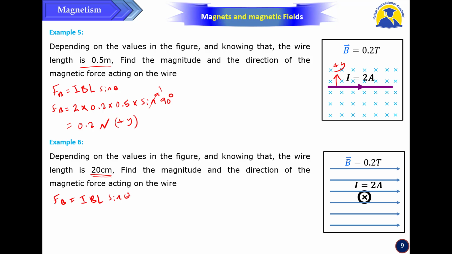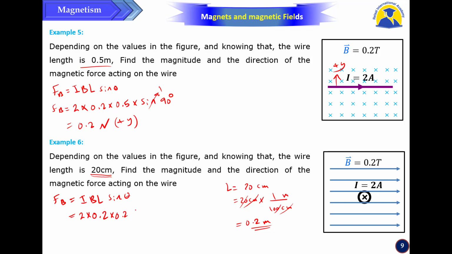But here, because we know the length, we can use just this formula. I is the current, 2. B is the magnetic field strength, which is 0.2. L is the length, which is 20 centimeter. We know that each 1 meter has 100 centimeter. So we convert from centimeter to meter. Centimeter with centimeter cancel. 0, 0 cancel. So it will be 0.2 meter.